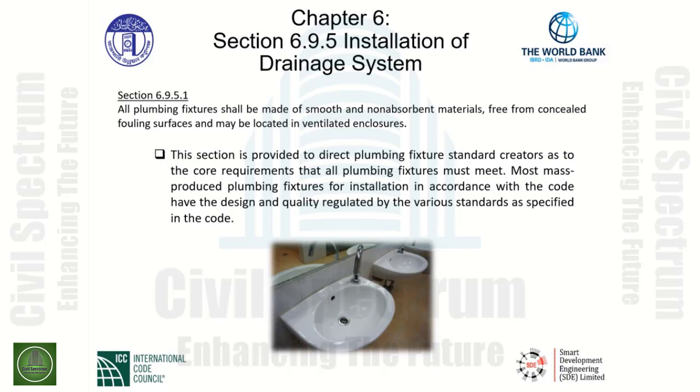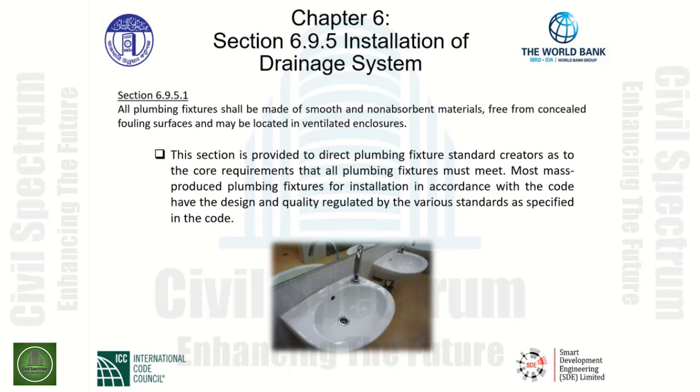This section is provided to direct plumbing fixture standard creators as to the core requirements that all plumbing fixtures must meet. As indicated in the code section, we cannot have anything other than smooth, non-absorbent materials for our plumbing fixtures.